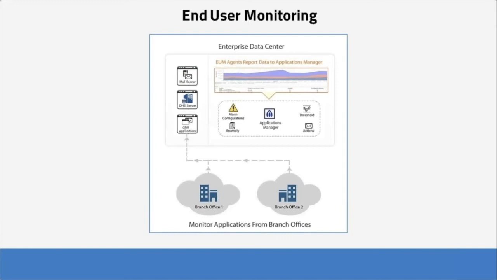For this to be done, a plugin needs to be downloaded, which is Web Transaction Recorder. Both the end user monitoring and the Web Transaction Recorder can be downloaded from the Applications Manager homepage.